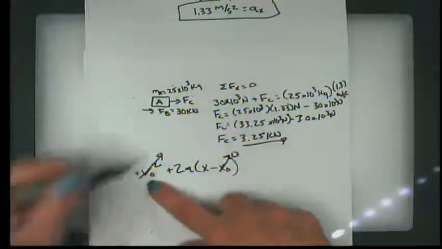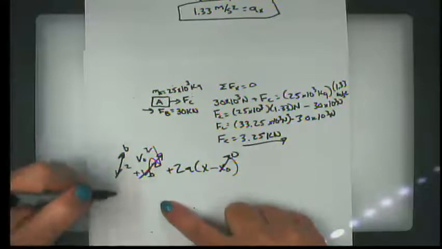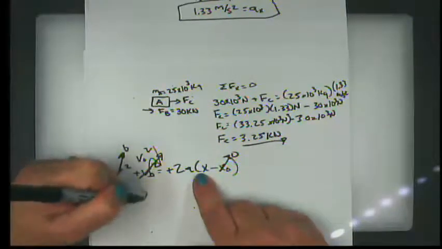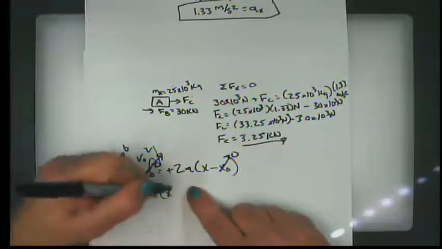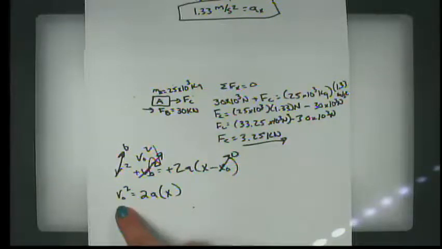We also know, this would be v0 squared. My v final is 0. So I get v0 squared equals 2 times the acceleration times x. Now, the only thing that we really need to recognize is that this is positive, this is negative, right? So we just need to keep our signs worked out a little bit.